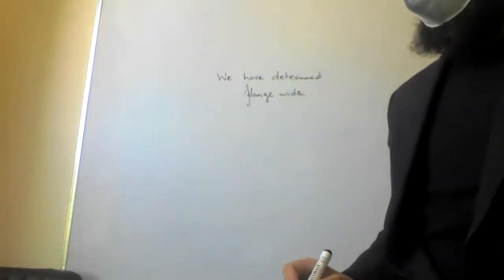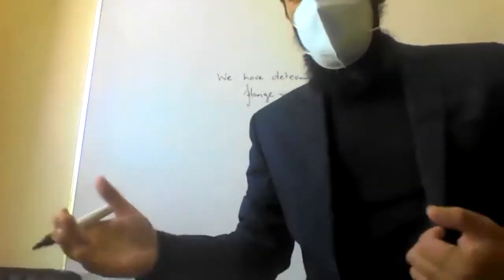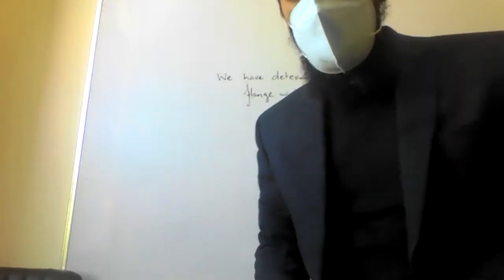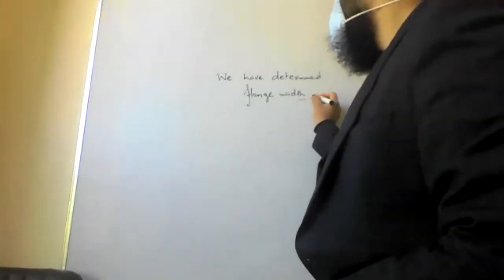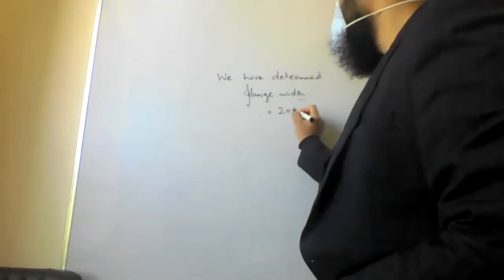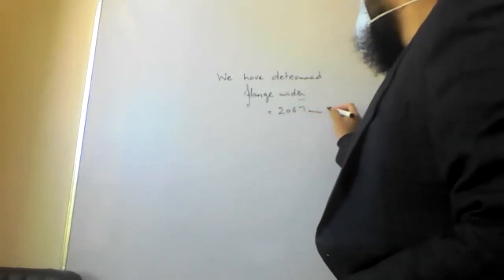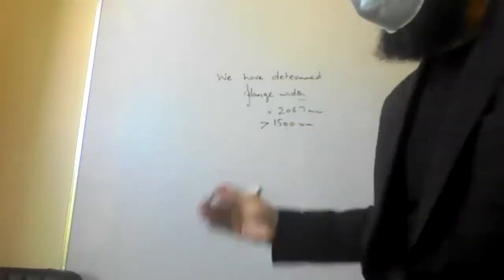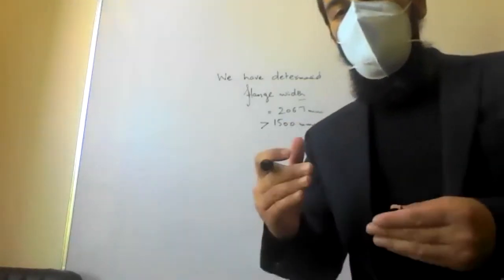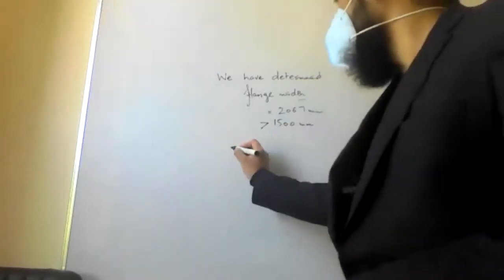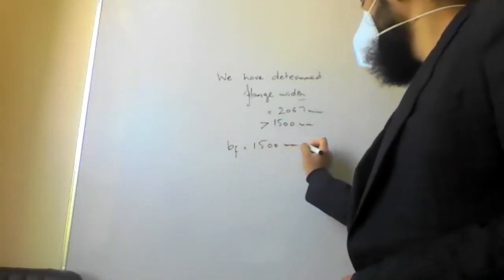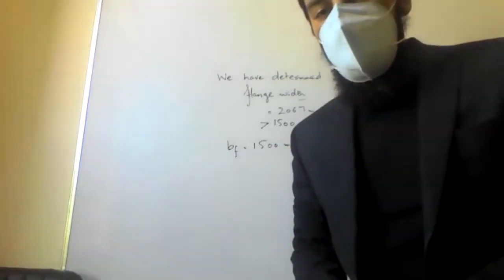The effective flange width came around 2067 mm last time, and that was way greater than 1500 mm, which we are considering in this question. So we can take the flange width as 1500 mm, right?